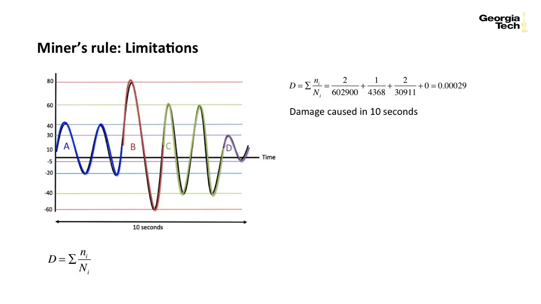You'll recall that when D is equal to 1, the part has failed, right? So you have total damage. And we know that 10 seconds of this causes 0.00029 amount of damage. So we're going to take the number that would cause total failure, which is 1, and divide it by 0.00029.